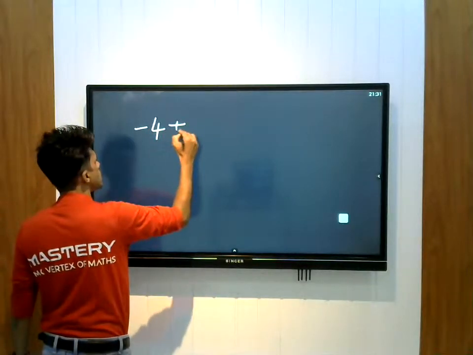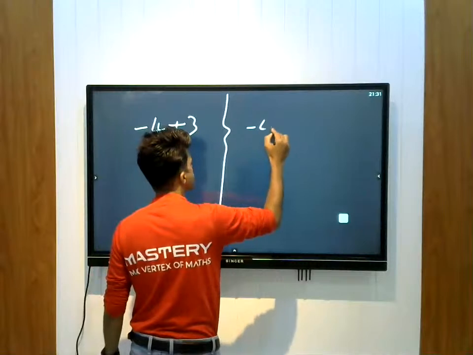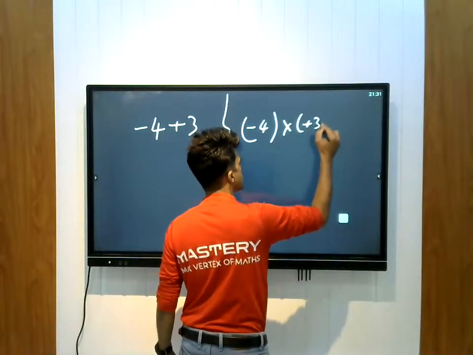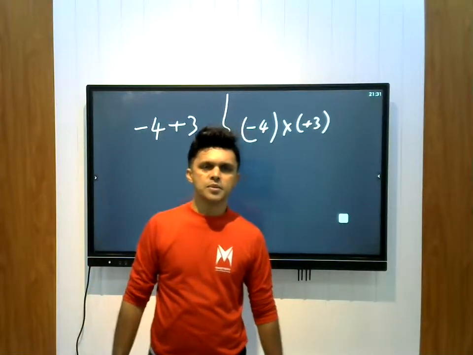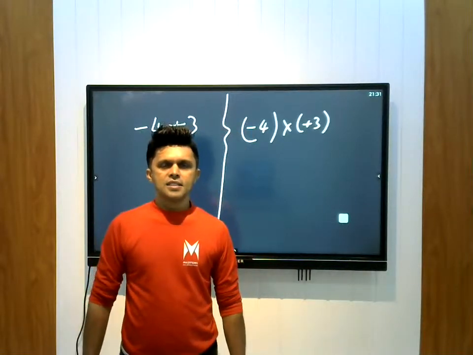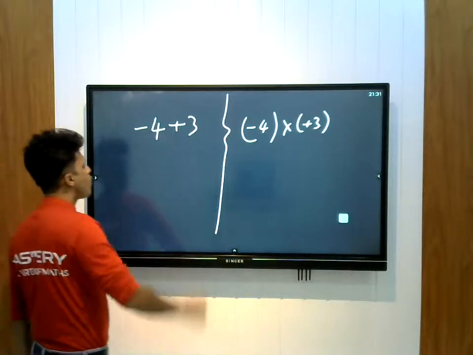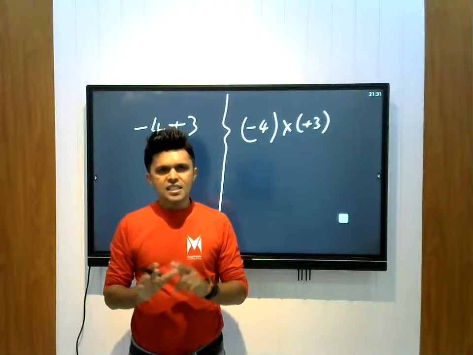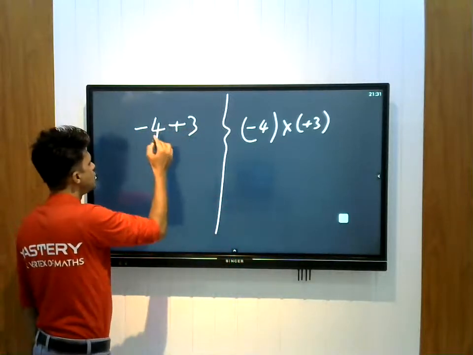Minus 4 plus 3, and minus 4 into plus 3. How can you do these types of sums? How can you simplify these types of sums? Tell me. Think of this. You learned, so minus 4 plus 3, you need to get the greater digit here. The greater digit is this one, 4.